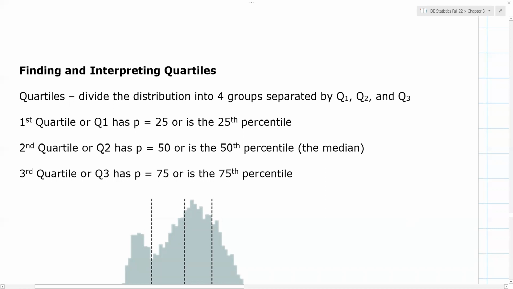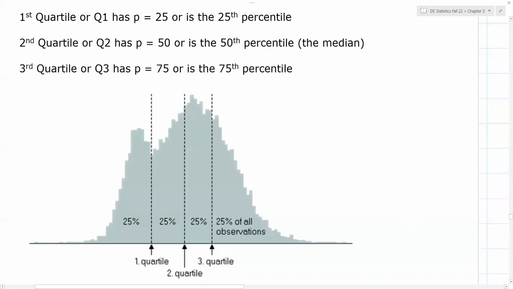So it cuts the data into fourths, and there are 3 of those division points. Q1 separates the lower 25% from the rest of the data. Q2 cuts the data directly in half. So Q2 is our median. And then Q3 cuts the lower 75% off from the upper 25%.